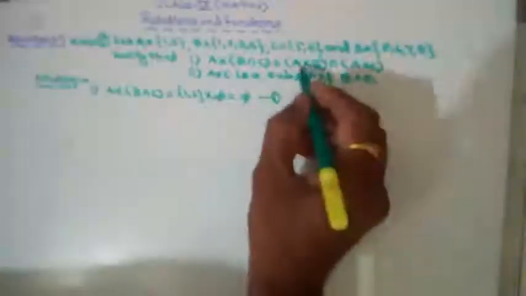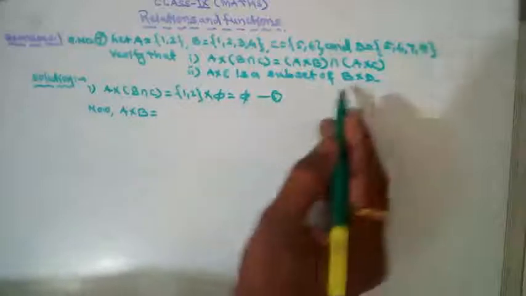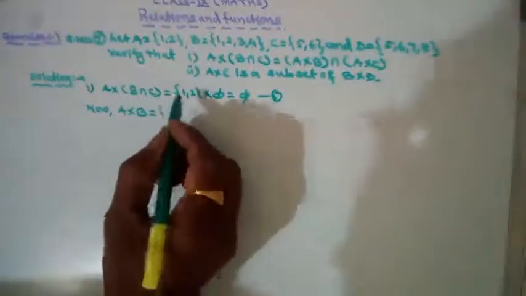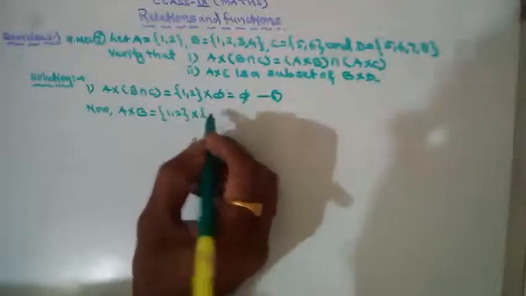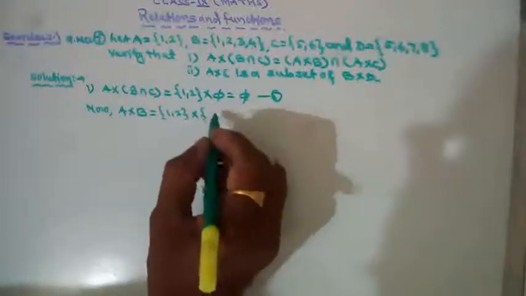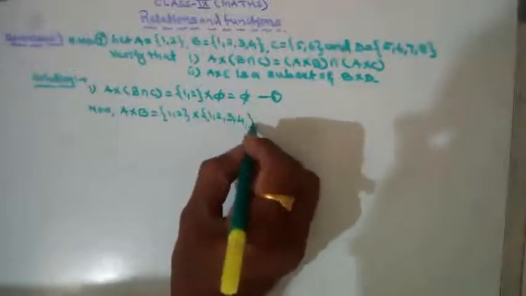Now let us take A cross B. What is A? A is {1, 2} cross. What is B? B is {1, 2, 3, 4}.